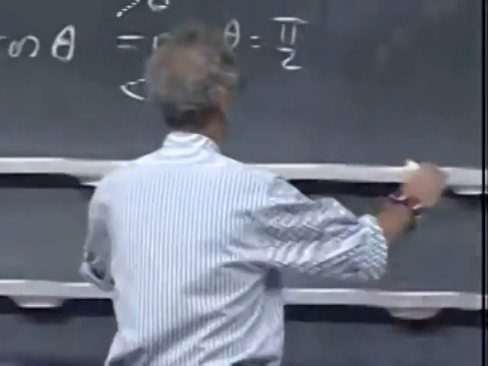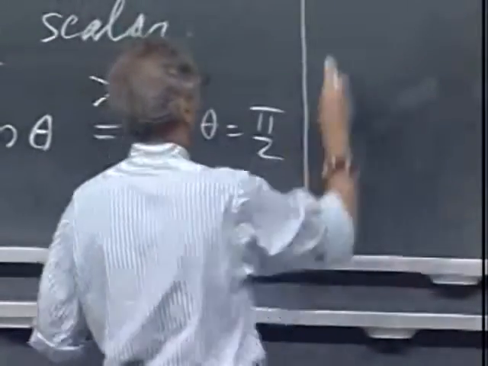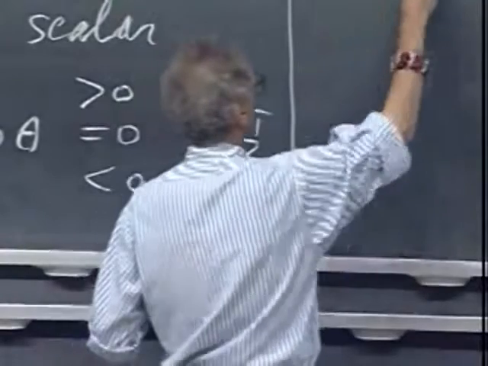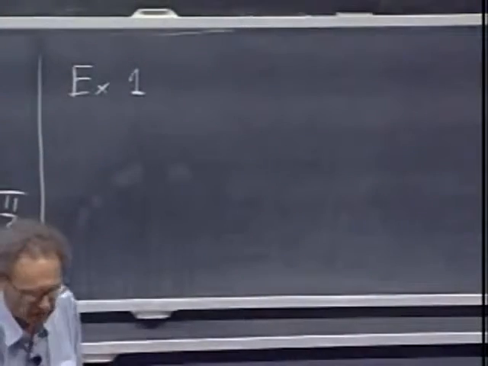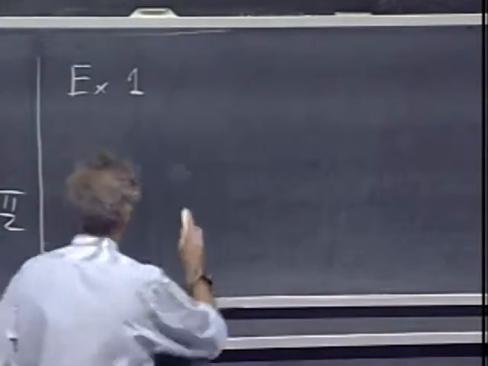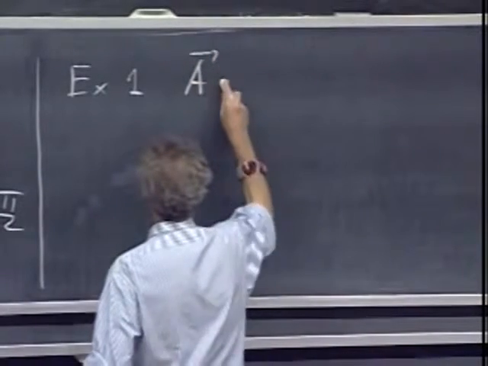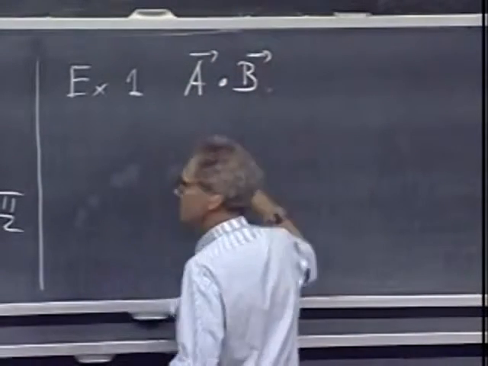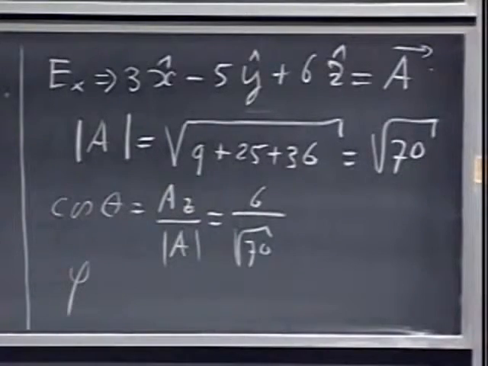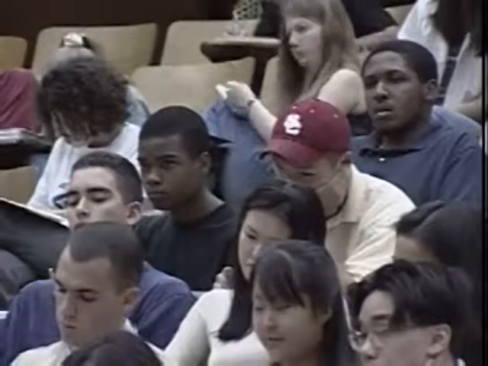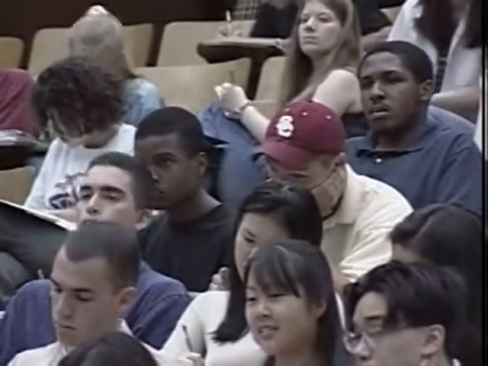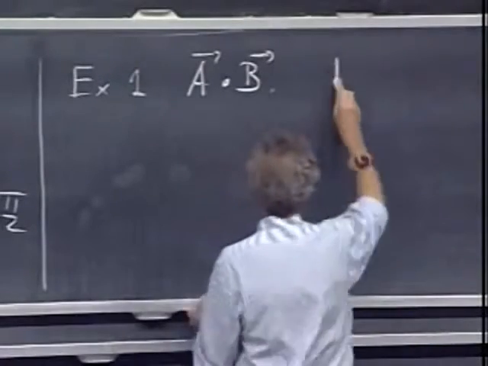The simplest that I can think of, perhaps it's almost an insult, it's not meant that way. Suppose we have A dot B, and A is the one that you already have on the blackboard there. Right here, that's A. But B is just 2y dropped.